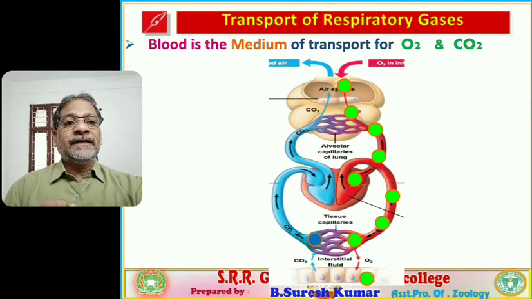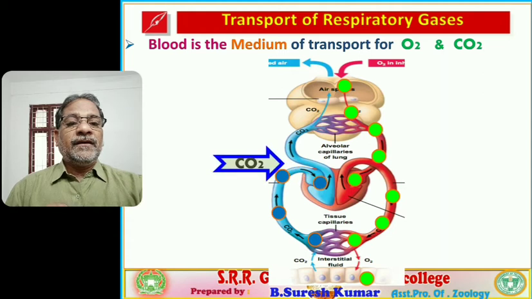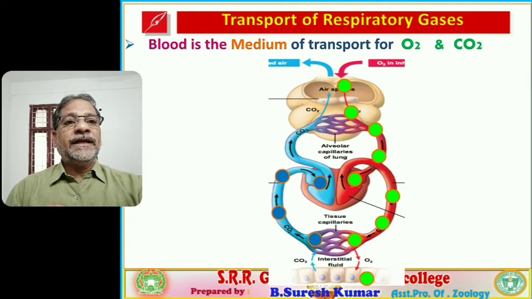The carbon dioxide from the tissue enters the blood, and the blood carries the carbon dioxide to the heart. Then the heart pumps the deoxygenated blood to the lungs through the pulmonary artery.